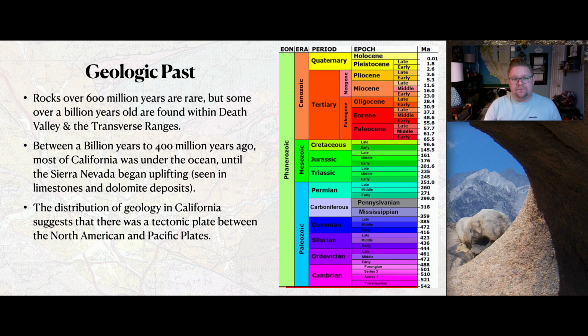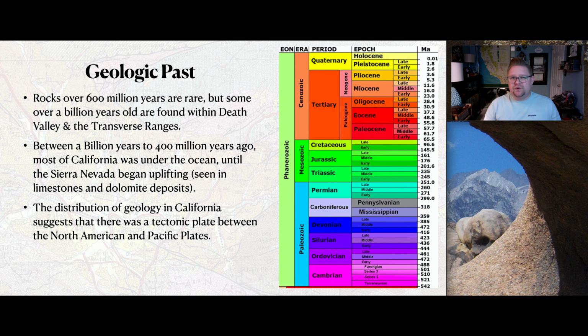There are many limestone deposits, especially in the Inyo mountain ranges, that are over 12,000 feet. That's along the western margin of California and Nevada. And we've been able to see some of those dolomite deposits that are, again, over 12,000 feet in elevation, but we can date that they were made out of marine sediments at one point, so it had to have been under the ocean, which is incredible.